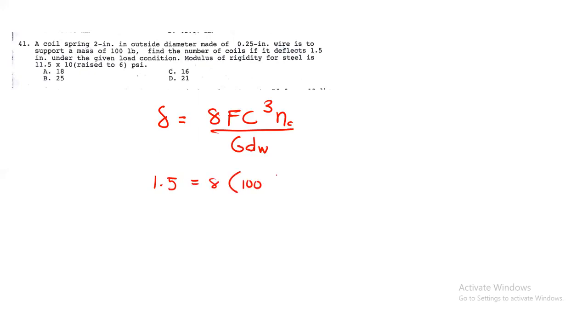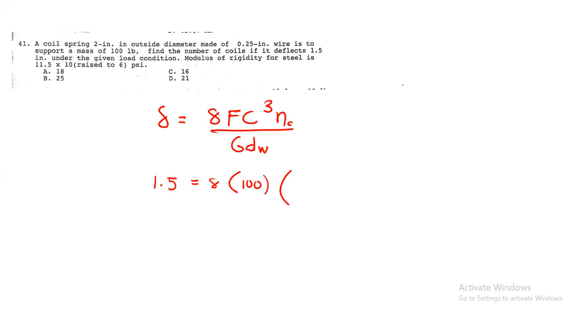So para makuha natin number of coils, so meron tayong formula for deformation. Ito is number of coils, number of active coils yan. So deformation is 1.5 inches is equals to 8 times 100 pounds times C natin.